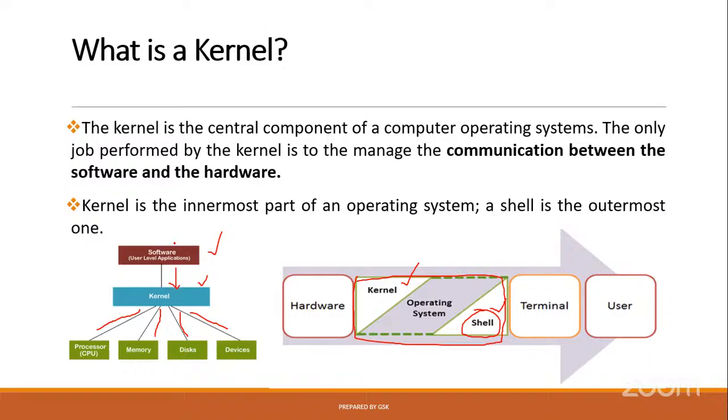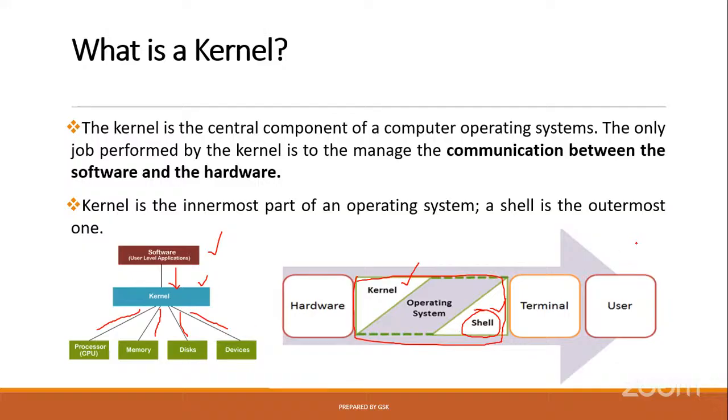Your software communicates with the kernel, the kernel communicates with the hard disk and gets the data from it, and the kernel submits that data to your software. Then you can open that file in your software. So these are the steps done internally, and for that the kernel is the main important part. Kernel plays a very important role here.